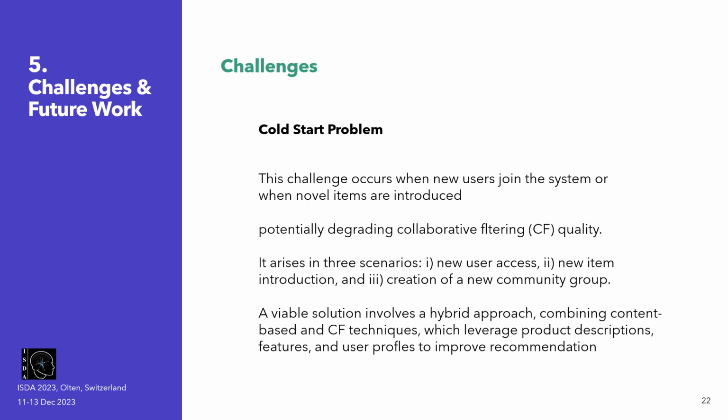This challenge occurs when a new user joins the system or when novel items are introduced, potentially degrading recommendation quality. It arises in three scenarios: new user access, new item introduction, and the creation of a new community group. Solutions involve a hybrid approach combining content-based and CF techniques with relevant product descriptions, features, and user profiles to improve the recommendation.